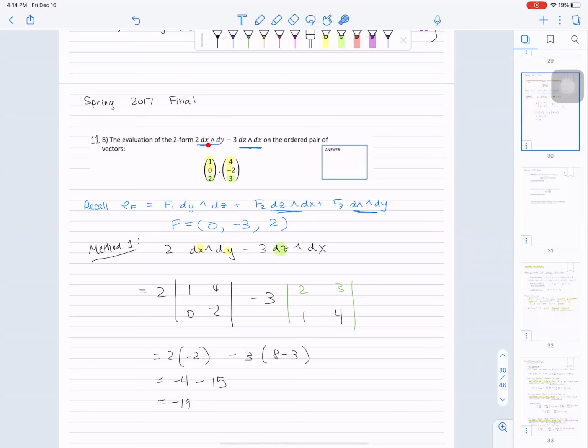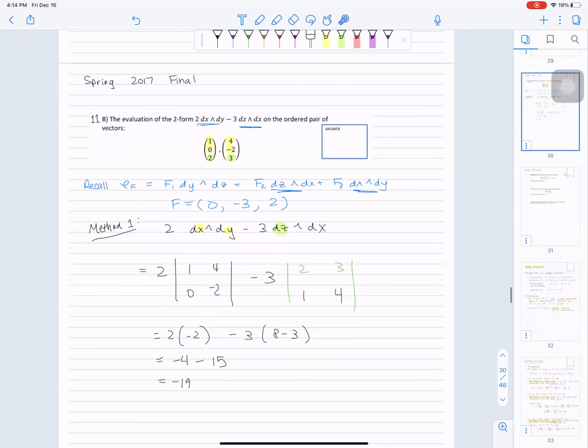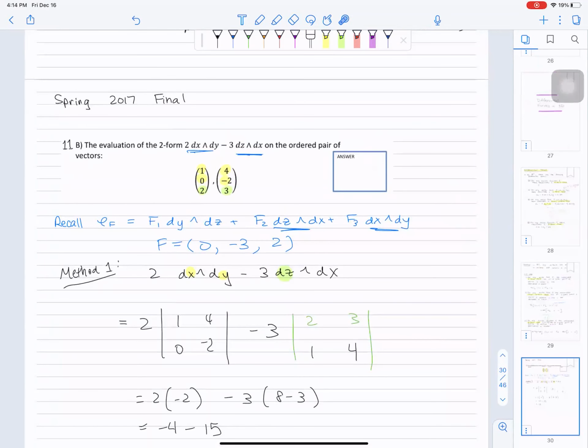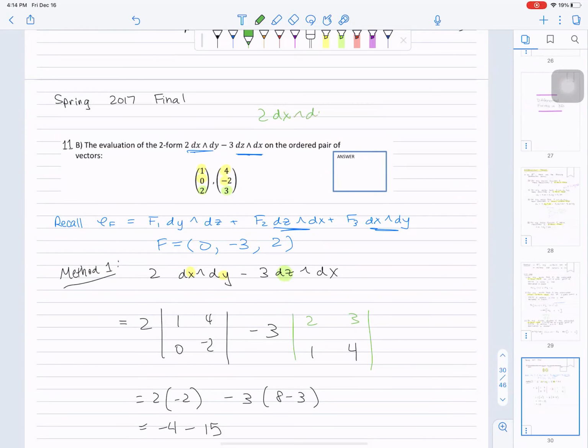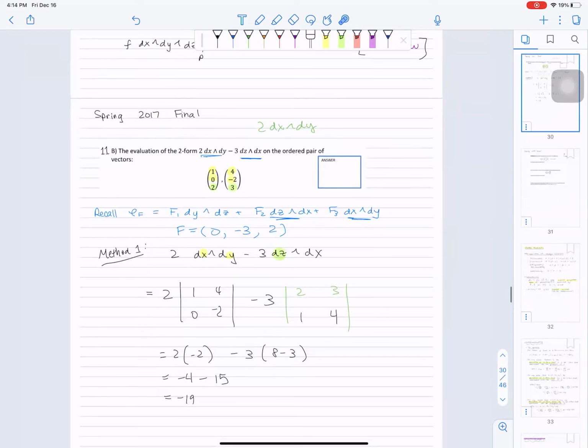I believe to compute flux, you would be integrating a two form or integrating a one form. This is more like giving you, for example, 2 dx wedge dy itself, that's telling you area projected to the xy plane times 2.